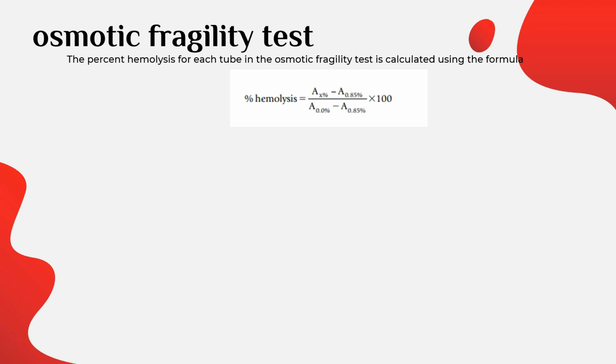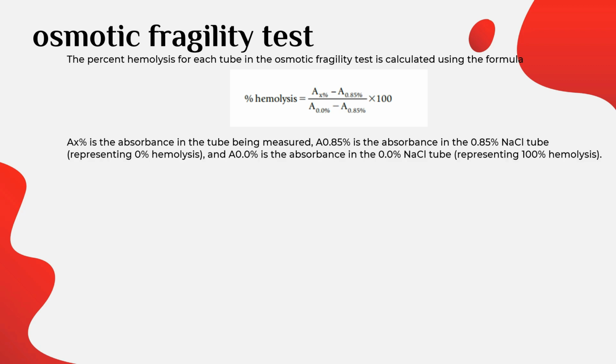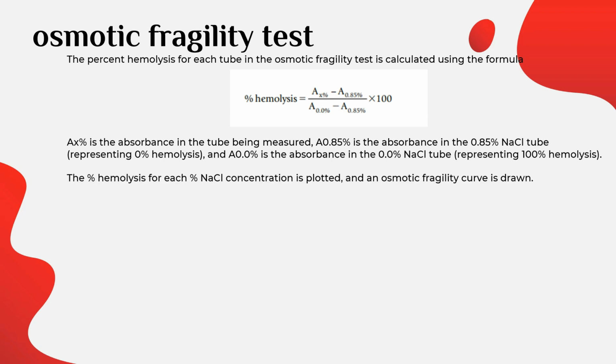AX% is the absorbance in the tube being measured, A 0.85% is the absorbance in the 0.85% NaCl tube, representing 0% hemolysis, and A 0.0% is the absorbance in the 0% NaCl tube, representing 100% hemolysis. The percent hemolysis for each percent NaCl concentration is plotted, and an osmotic fragility curve is drawn.